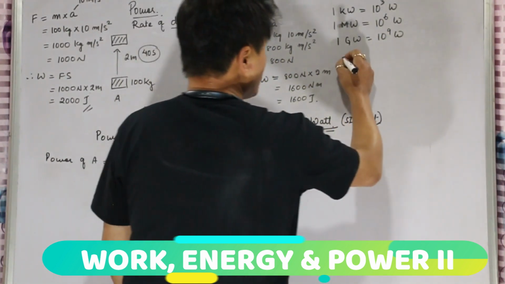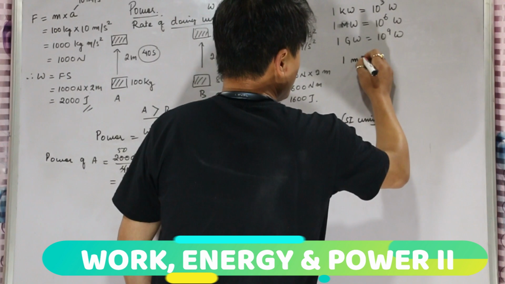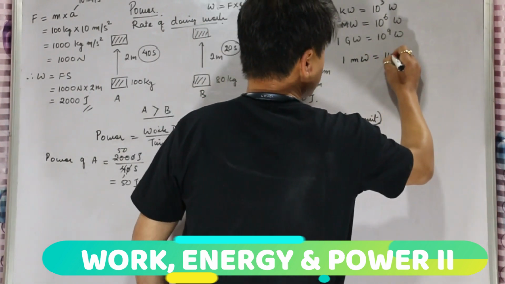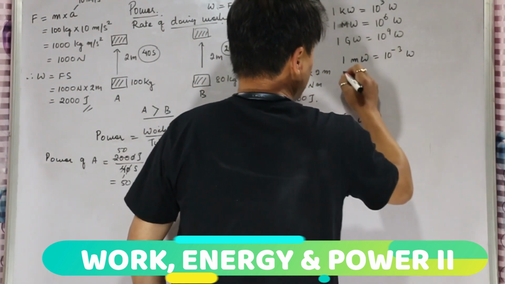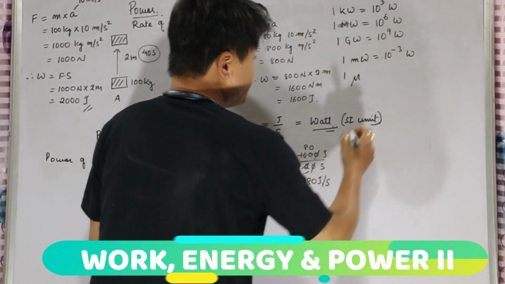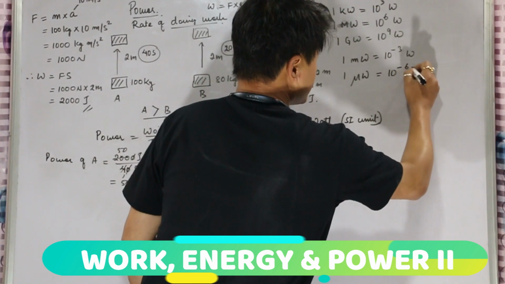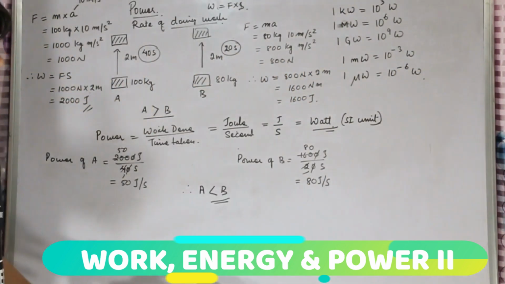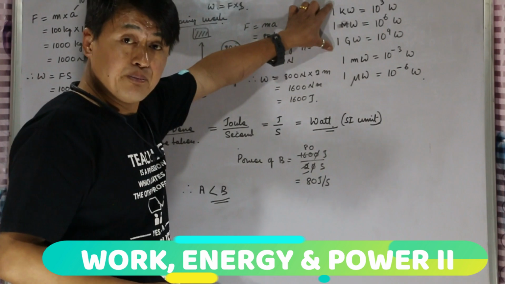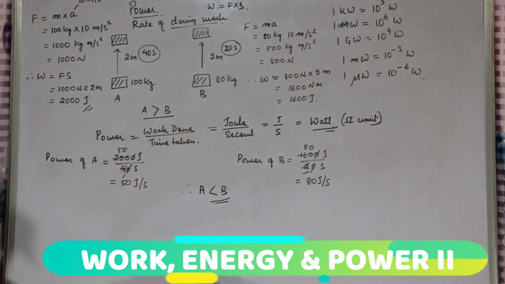Similarly, for smaller units, 1 milliwatt is equal to 10 to the power minus 3 watts, and 1 microwatt is equal to 10 to the power minus 6 watts. These are the smaller units and these are the bigger units of power.